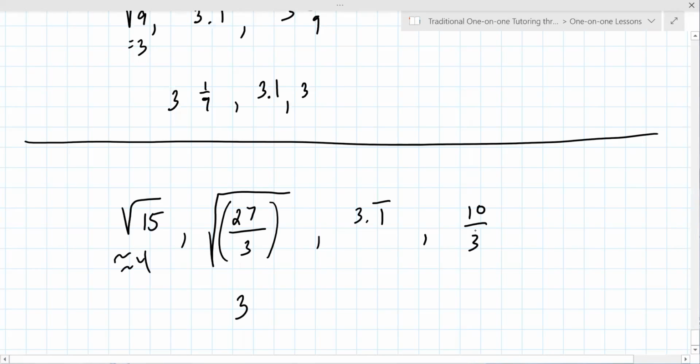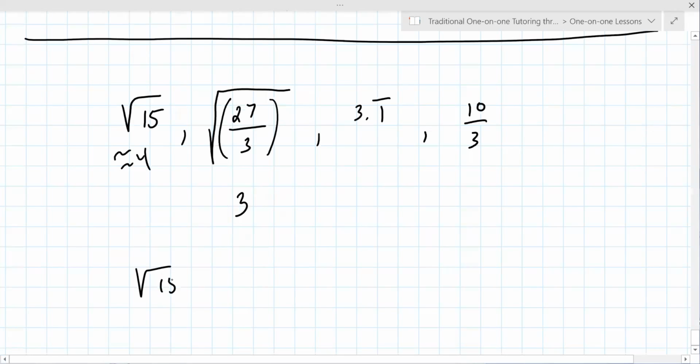So I would do the square root of 15 first, since it's about 4. Okay, so that's first.